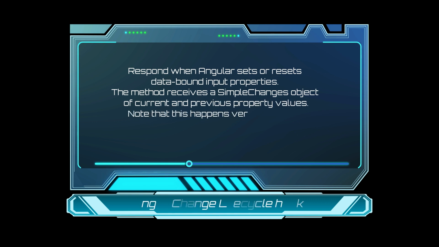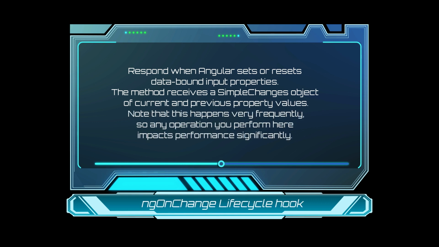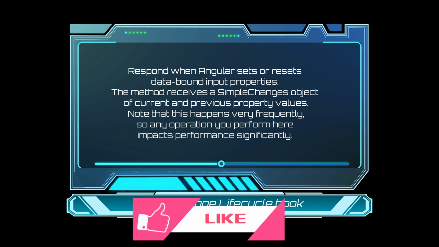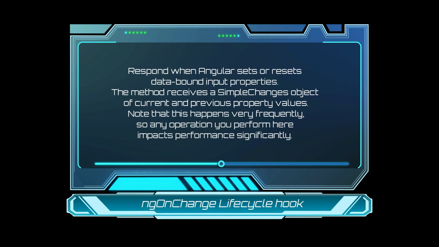Whenever you have an input property in a component, and that input property gets different values from the calling component, this lifecycle hook will trigger, and you can see the changes happening. Anything placed inside this lifecycle hook will be triggered, and you can see this in the next clip where I'm demonstrating the input and output functionality of a component.